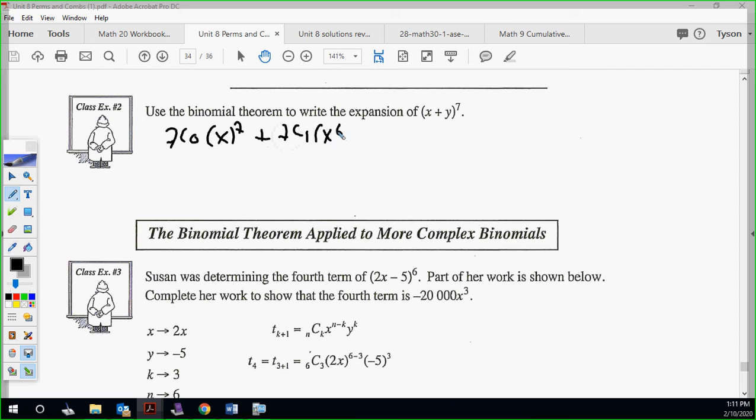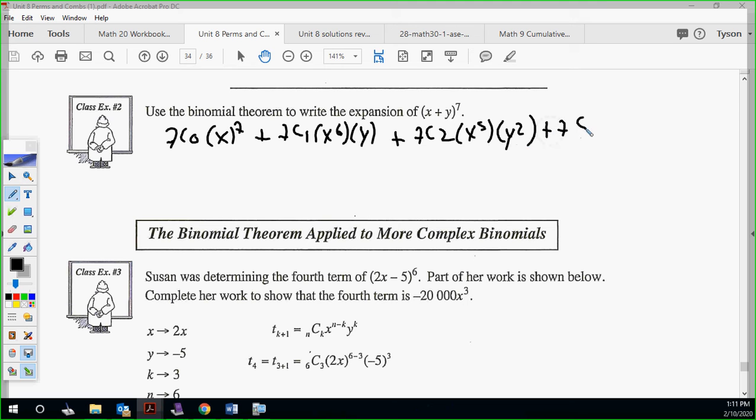7c1. I'm just writing the whole thing out. This wants all the terms. I'm just starting right from the start. Plus 7c2, which is x^5, y^2.